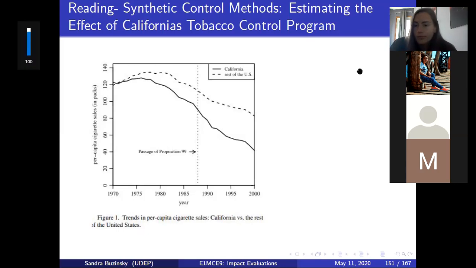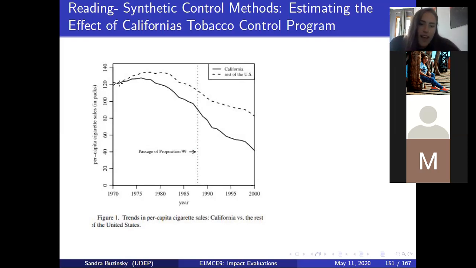It appears that they were quite similar at the beginning, but then they start diverging. Yeah, I totally agree. They do look pretty similar. I mean, California has seemed to always have had lower smoking rates than the rest of the country, except for the very beginning period.